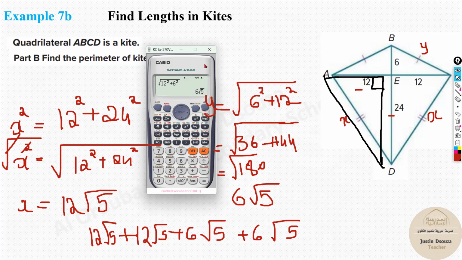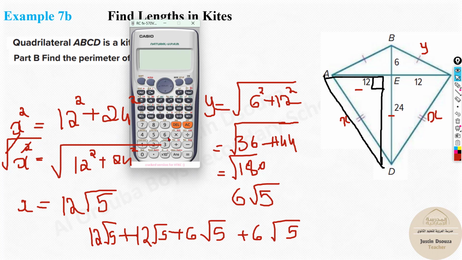So that's something you need to solve. I would do it directly. 6 root 5, I'll write multiplied by 2 because we are adding it 2 times, plus 12 root 5 multiplied by 2 as well. And the answer is 36 root 5, or 80.5.